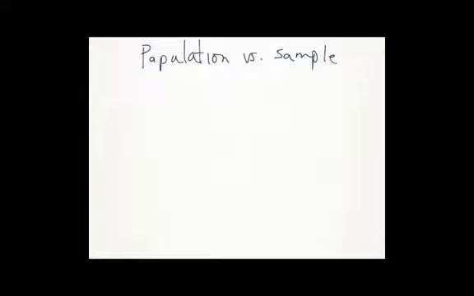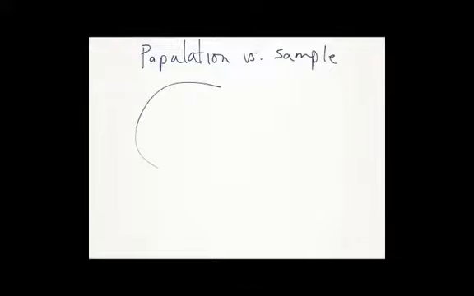But unfortunately, we don't have the time or the resources to give everyone the treatment and then to see how everybody reacts to the treatment. So instead of giving it to everybody, we might instead choose a smaller sample of people to give the treatment and then see how they do, and then try to extend those results to the entire population.